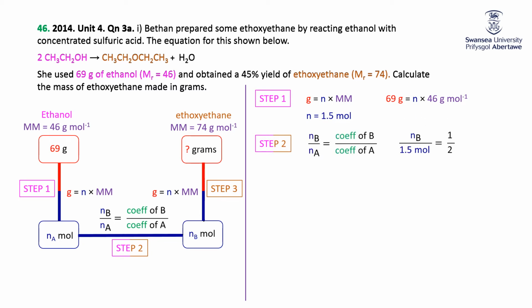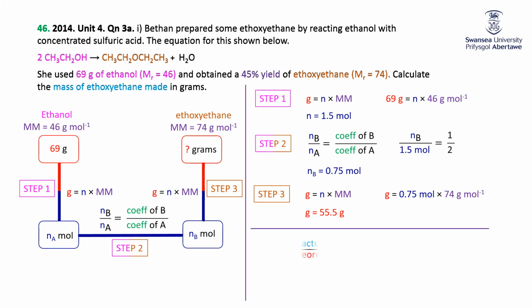The equation is a 1-to-2 reaction, so therefore the moles of the ethoxyethane with coefficient of 1 over the moles of ethanol that we just calculated as 1.5, coefficient of the ethanol of 2. So therefore that gives us 0.75 moles of the ethoxyethane, which weighs 55.5 grams. So could have made 55.5 grams.